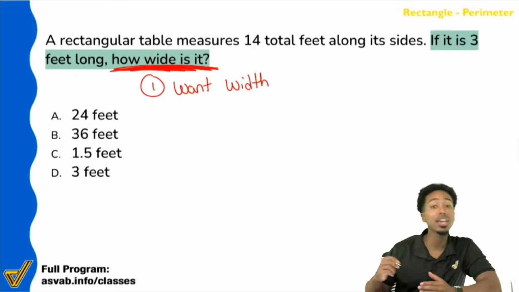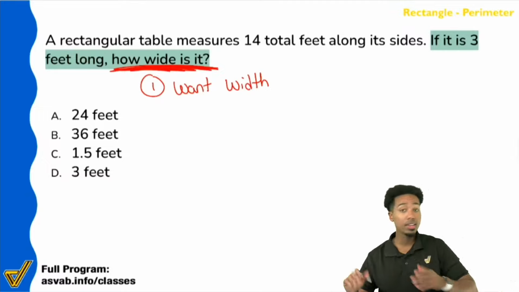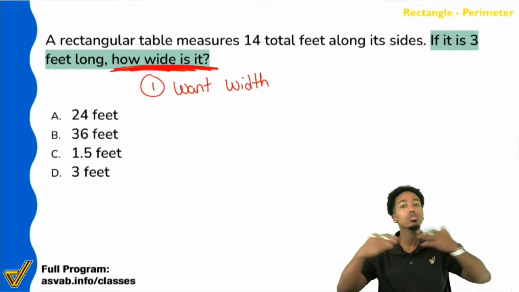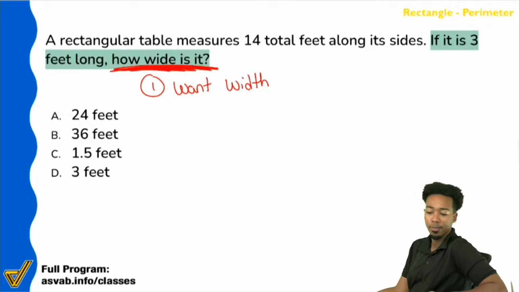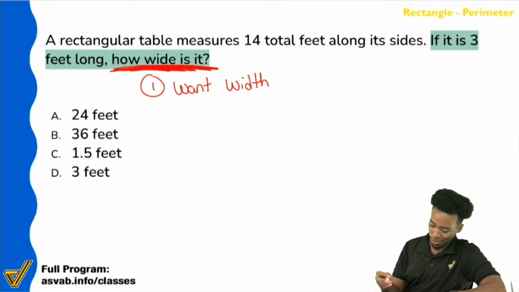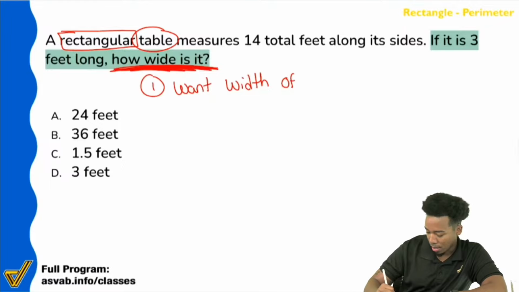But that's such a vague question. The width of what? The width of a papaya or the width of a semi-truck? So here in this problem, what are we talking about, everybody? Rectangle. We see it right here. A rectangular table. So we want the width of the rectangle.